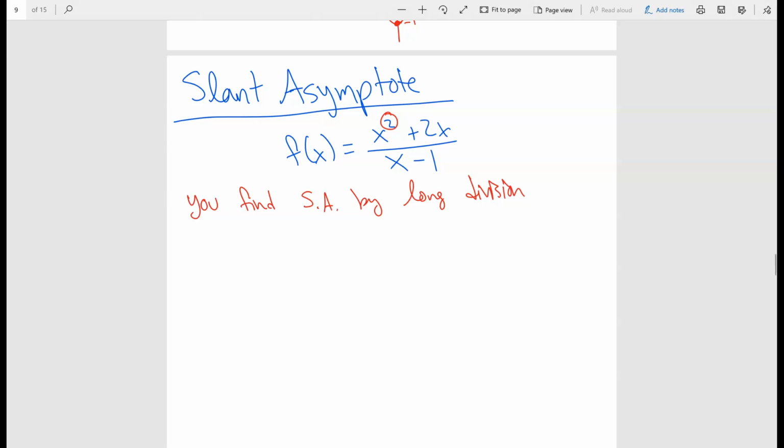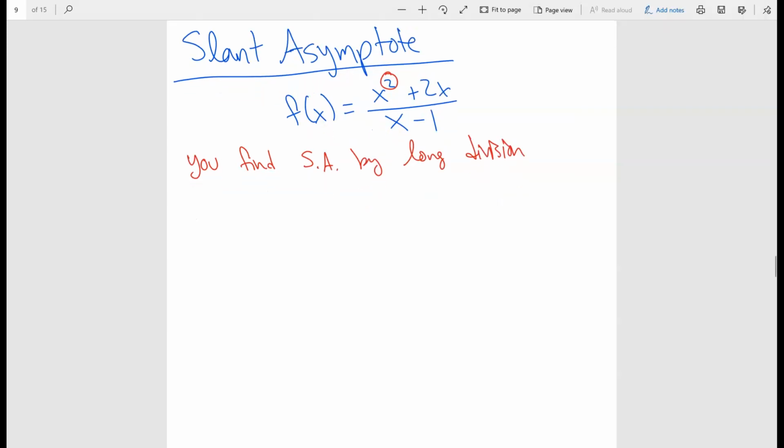Okay, so let me show you how this is going to work. So let's use synthetic division. We do have a linear factor. This is a -1, which means it's going to be a +1. And then this is going to be a 1, a 2, and then a 0 for the constant, that's for a place value. Bring down the 1. You're going to get 1 times 1 gives me 1. This is a 3.